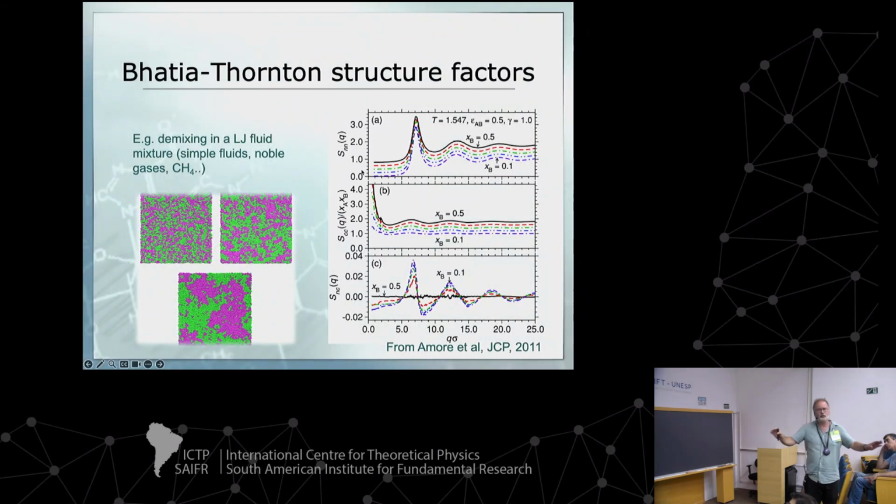So you end up with two phases, right? This is a demixing that is induced not by changes in temperature or pressure, but by changes in concentration. One liquid sometimes accepts another up until a certain concentration, and from that concentration onwards, it separates. So this is what happened here, right?